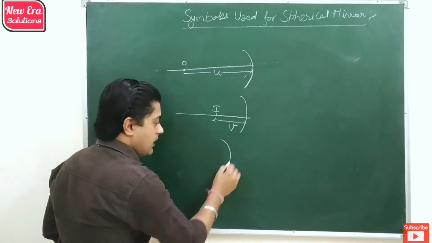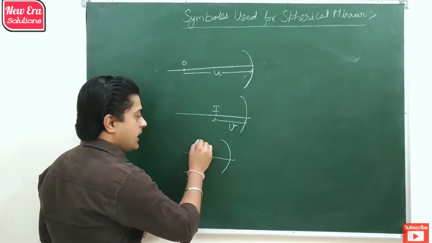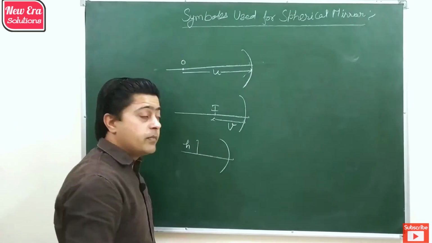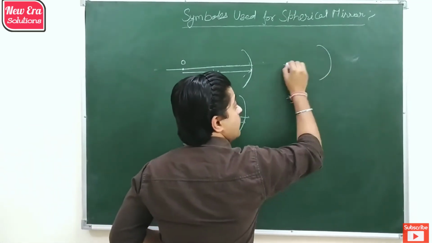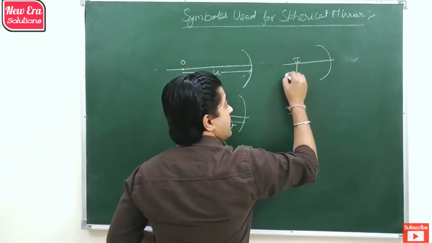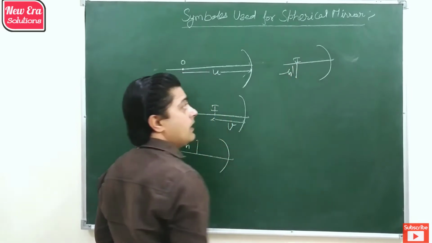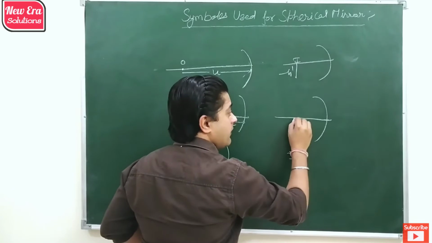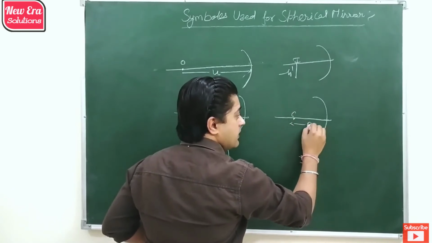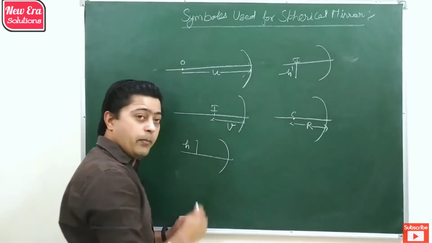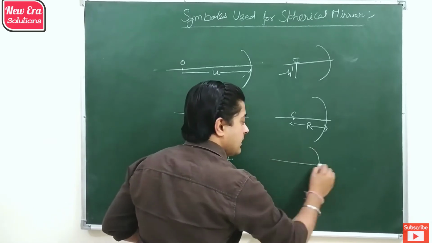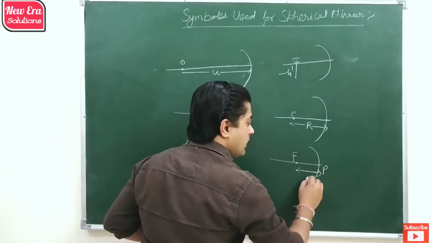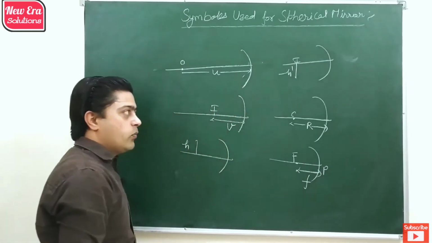Then the height of the object is represented by small h. Similarly, the height of the image is given the symbol h dash, and the radius of curvature, which we already discussed, is represented by capital R, and the focal length from center to pole is represented by small f.